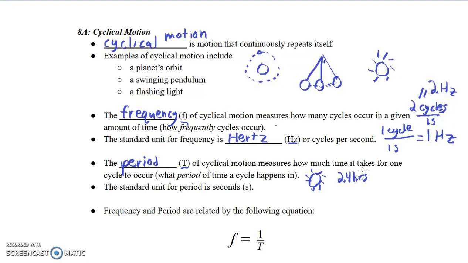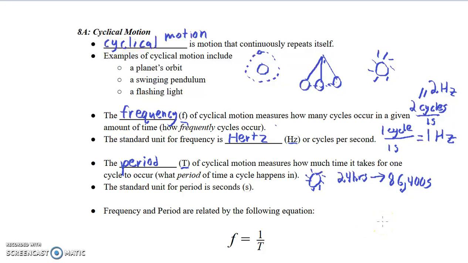That's in hours, so we would normally express it with the standard metric unit seconds. So 24 hours is the period, but in the standard metric units, it would be 86,400 seconds. So just to give you an example.